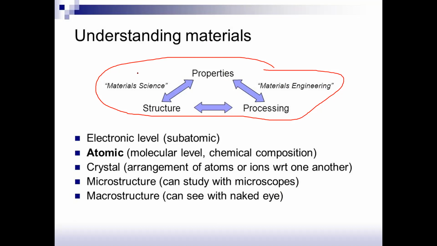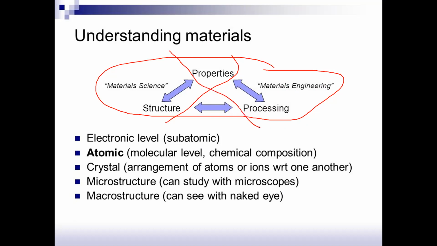So this is what material science is involved in, as we said the last time, mainly on this left-hand side: properties, structure, the relationship between properties and the structure of the materials and how they are affecting each other. And materials engineering is mostly interested in the right side, how the process affects the properties of the material.